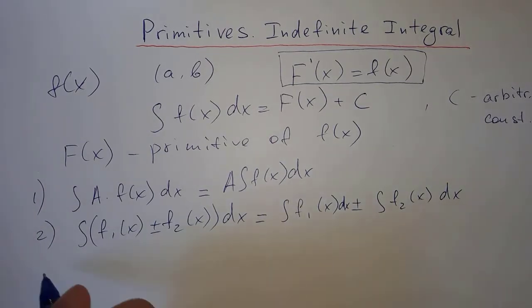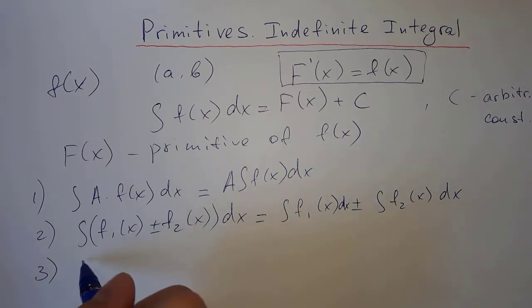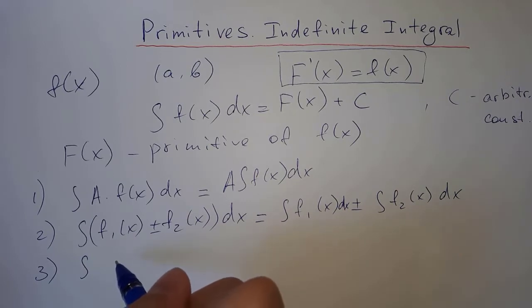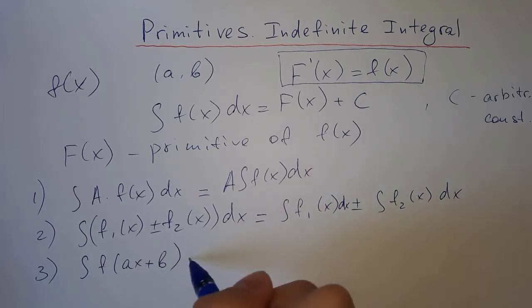Now the next one. Here, if we change our function, for example, let's write the integral of f with ax plus b in the argument, f of ax plus b dx.